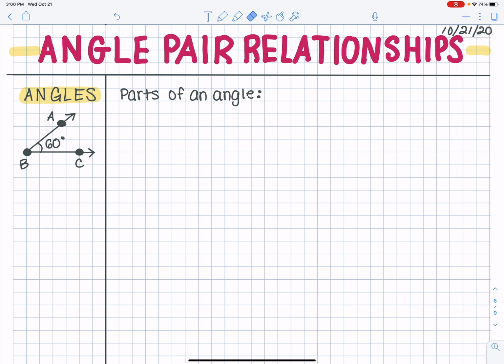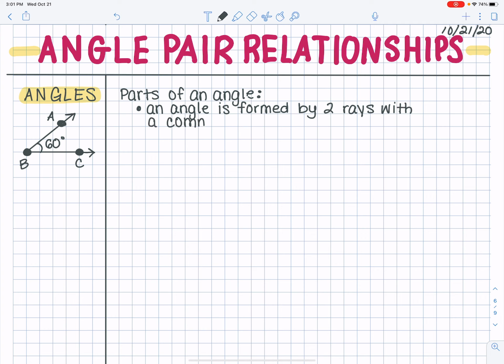An angle is formed by two rays with a common endpoint.